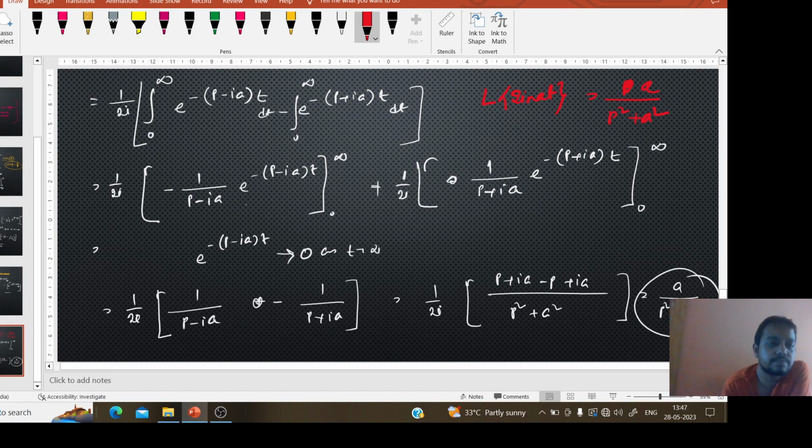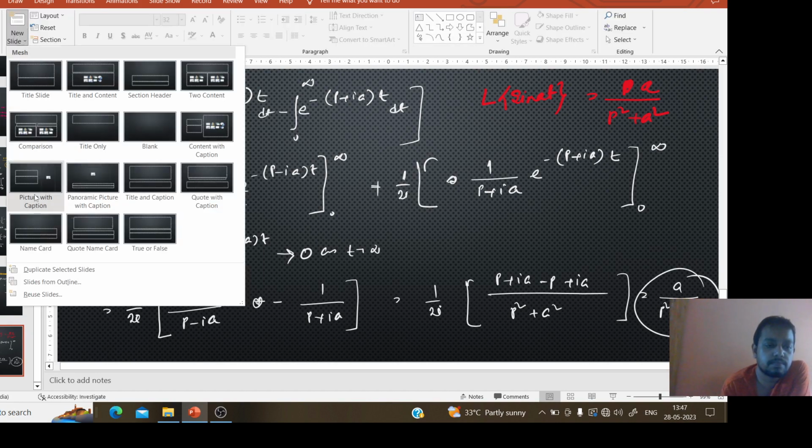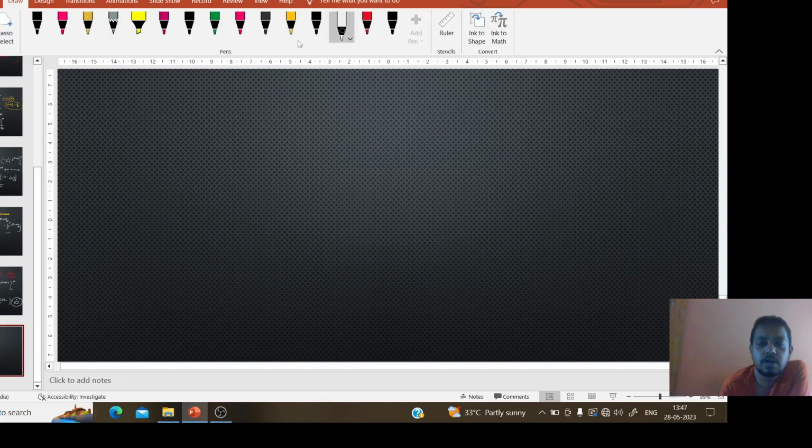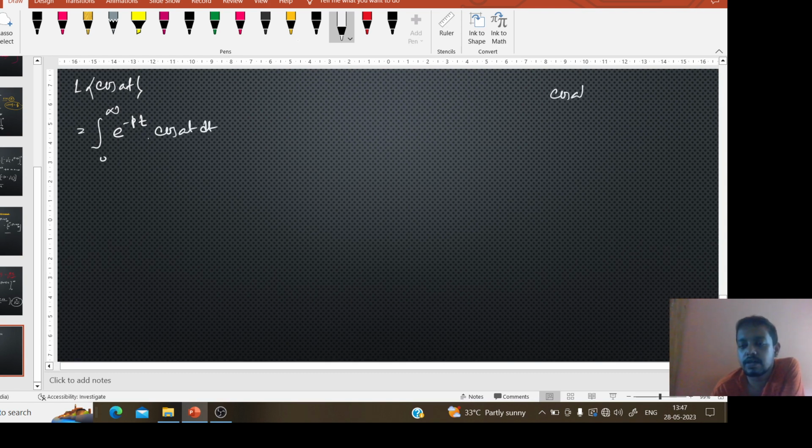Similarly, now if we want to find the Laplace transform of cos at, this one is also very simple. According to the definition, it is the integral from 0 to infinity of e to the power minus pt into cos at dt, and we know that we can write cos at is equal to half of (e to the power iat plus e to the power minus iat).